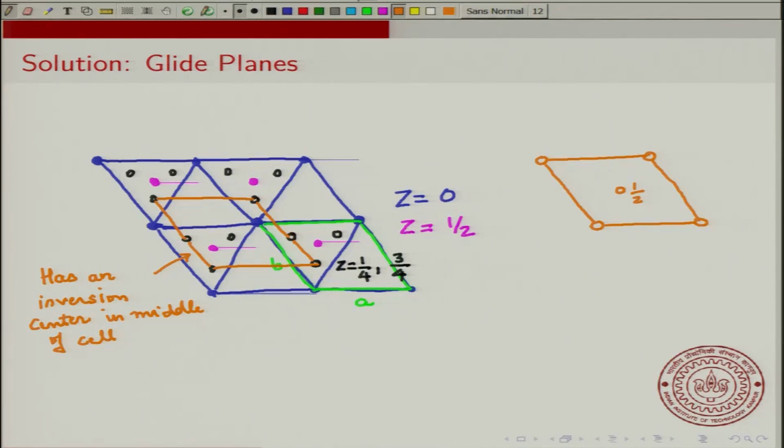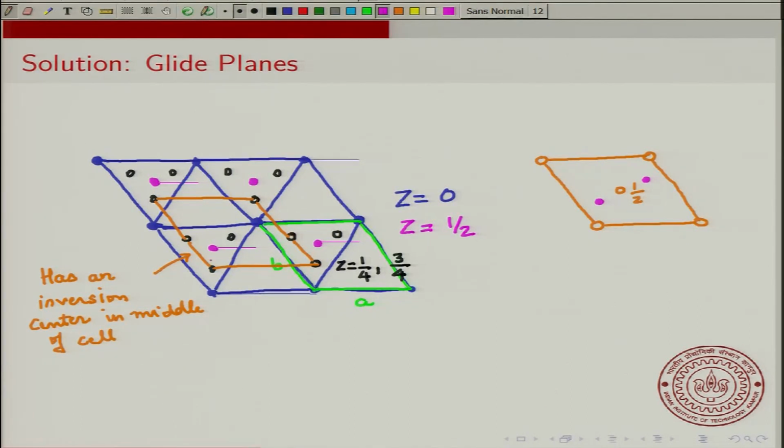Now, the question is, in this cell the atoms are not located at the corners. The atoms are located somewhere here, and the other atom is with respect to this cell.